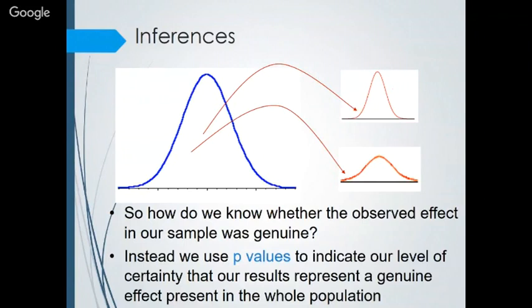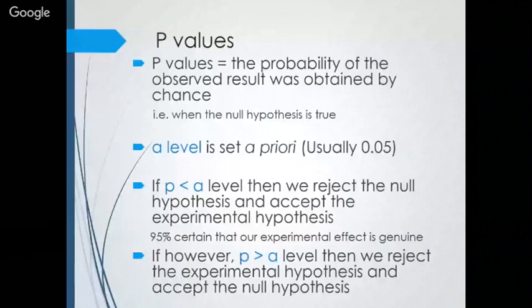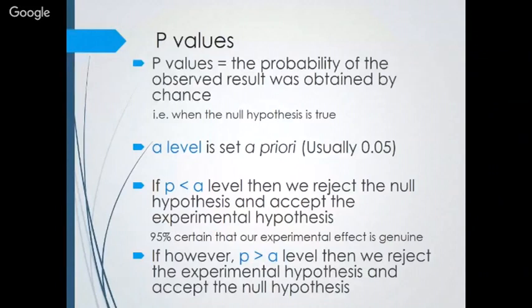So in inference, we generate a p-value, and with it we infer how much percentage certainty there is that the effect we observed in the sample is reflected in the entire population.